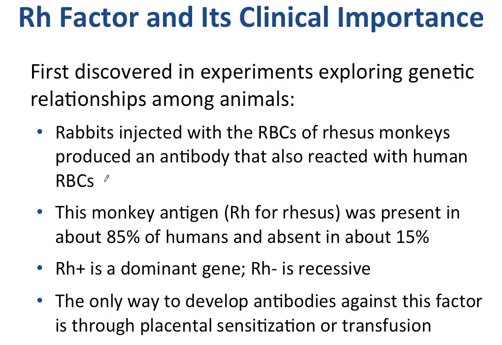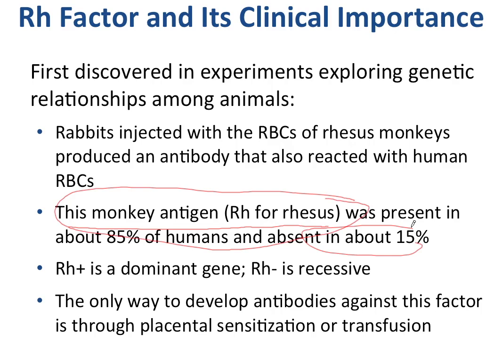Also the Rh antigen. Rh refers to the rhesus monkey antigen. However, 85% of humans have this antigen and 15% don't. If a patient has the Rh antigen, that's Rh positive, and actually that's the dominant gene.